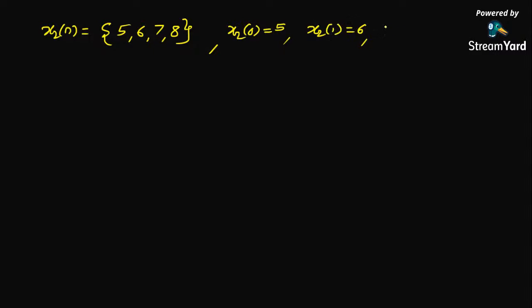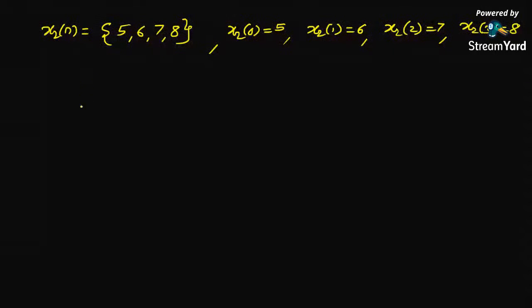That is x2 of n, which is 5, 6, 7, 8. So x2 of 0 is 5, x2 of 1 is 6, x2 of 2 is 7, and x2 of 3 is 8.